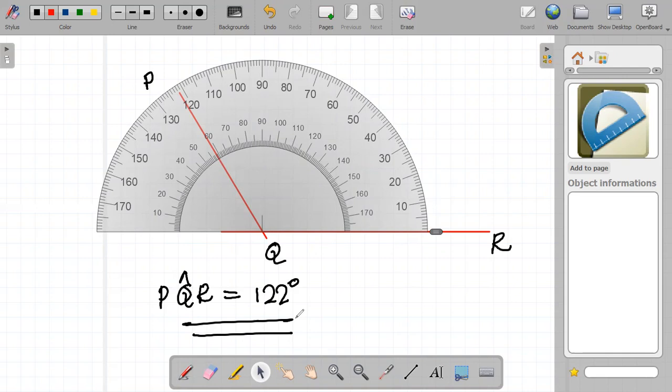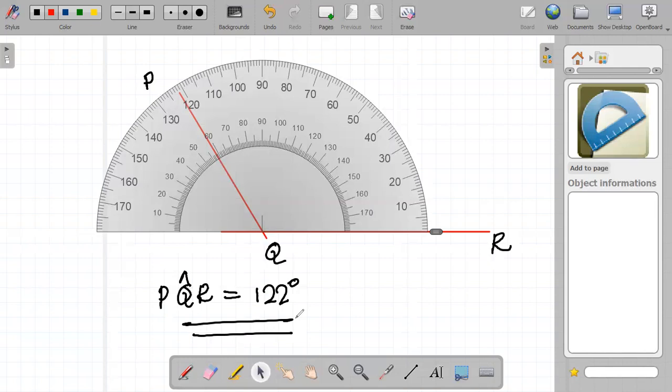Can you see it? Yes, sir. There it's mentioned. Let us see how we can use a protractor to measure the angle AOB. Can you see the AOB angle? Yes, sir.